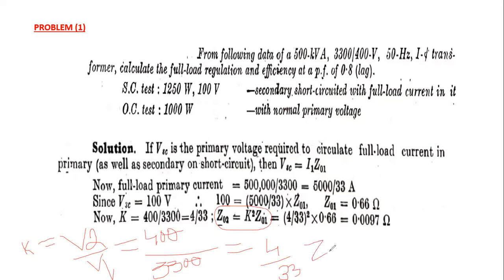Next we calculate Z02, the equivalent impedance referred to secondary. The formula is K square into Z01. K is equal to 4 by 33, so (4 by 33) whole square into Z01, which is 0.66.